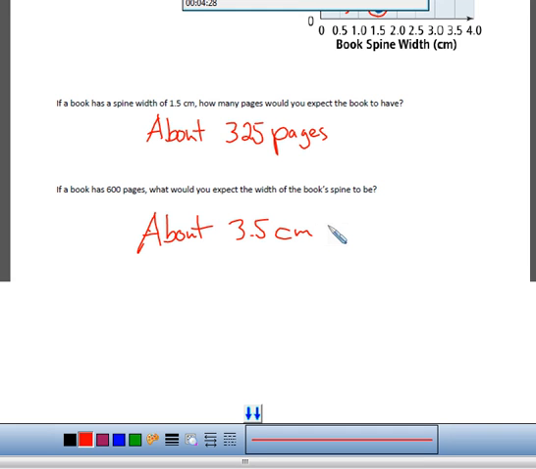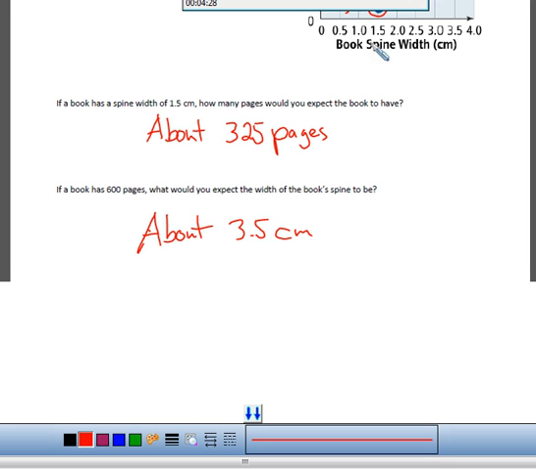So you can be off by a little bit. If you were off by 0.5 centimeters, I think my original key had 3 centimeters, and about 25 to 50 pages. So if you had 300 or 350, you're close enough. These do not need to be exact because they are about.